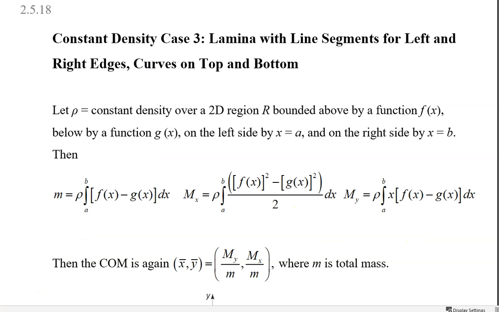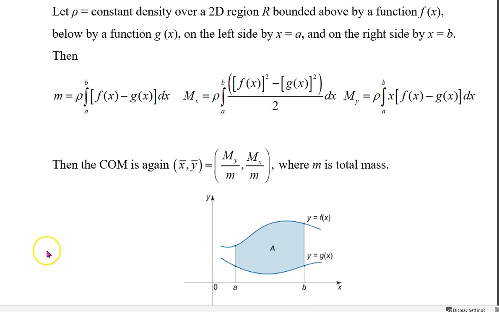Let's look at case 3. In case 3, we have a lamina again and constant density. But this time, we have curves on both the top and the bottom and straight line segments for the left and right edges. In this case, since we have constant density, rho can be factored out of the definite integrals in all three cases for the two moments and the mass.